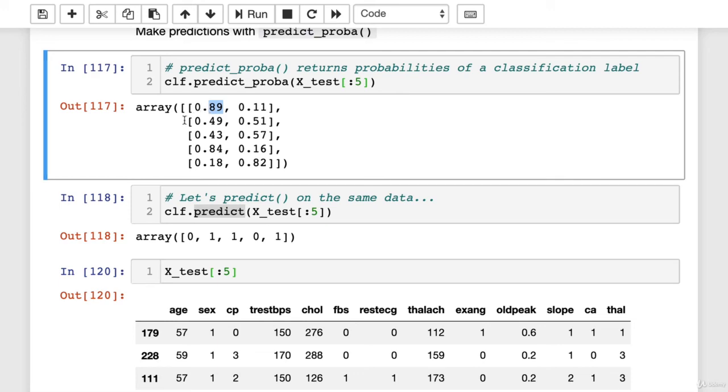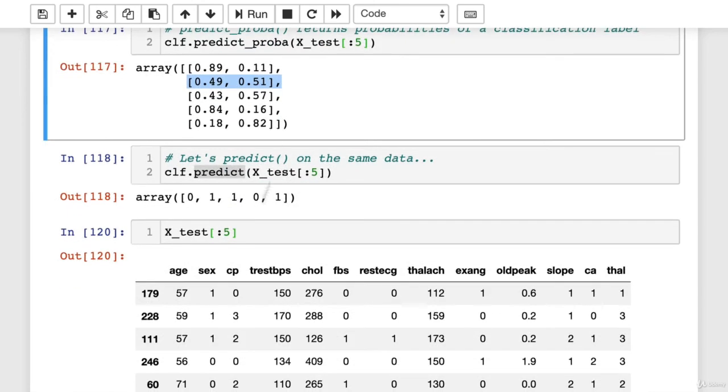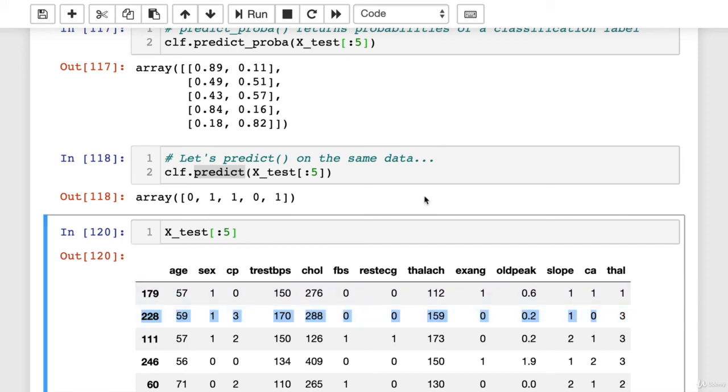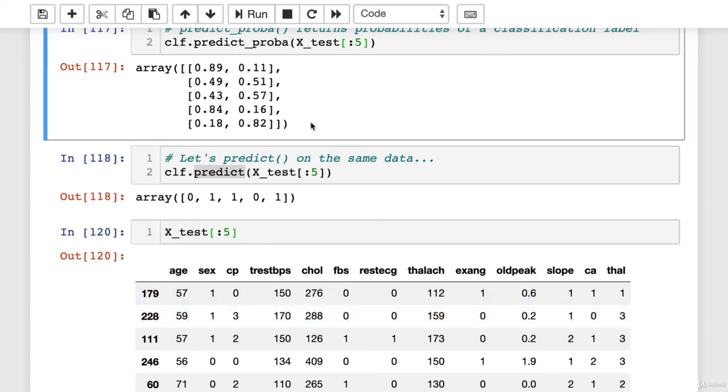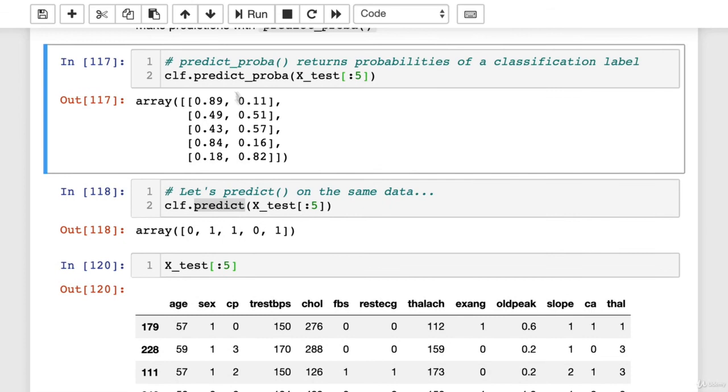Or maybe it is helpful to know which samples our model's not sure about. Then maybe we could look at that sample and go, hey, why is this row? Why is the model unclear about that? Is there something we could fix up? So that's the value there between predict and predict proba. Predict will give you a single label for each sample, whereas predict proba returns the probabilities of a classification label.